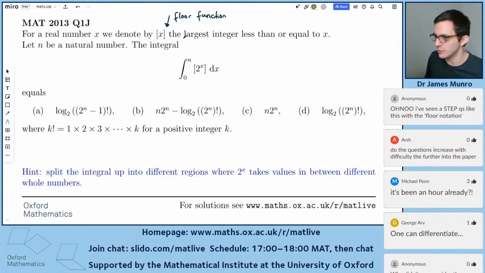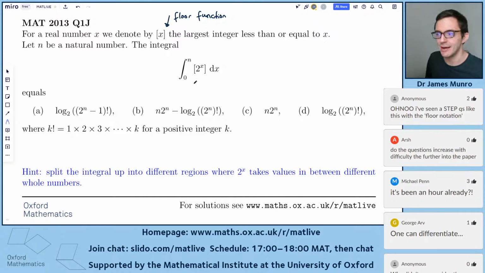It takes your number and drops it on the floor. It reduces it to the largest integer that's less than or equal to x. And today we're only plugging in positive numbers, so you don't have to worry about what goes on with negative numbers. It is in fact defined for real numbers. You might also be interested in its cousin, the ceiling function, which rounds numbers up.